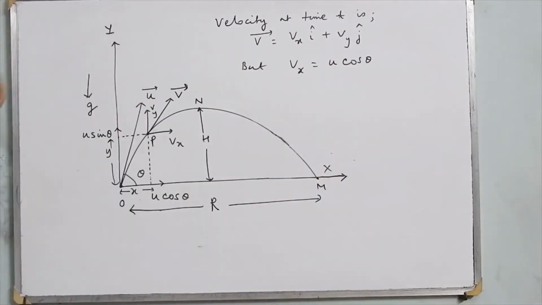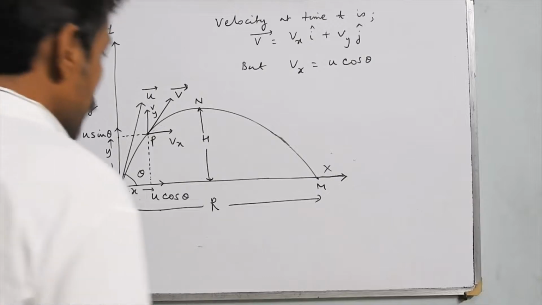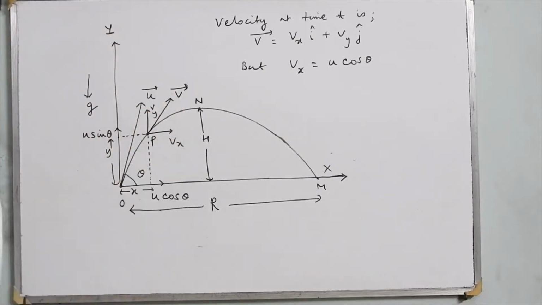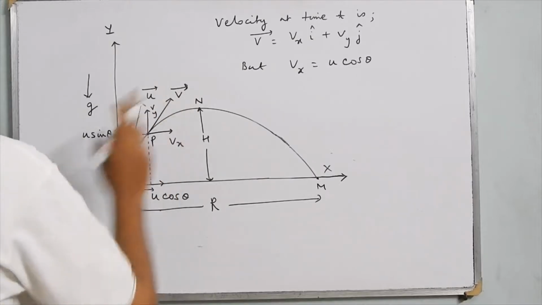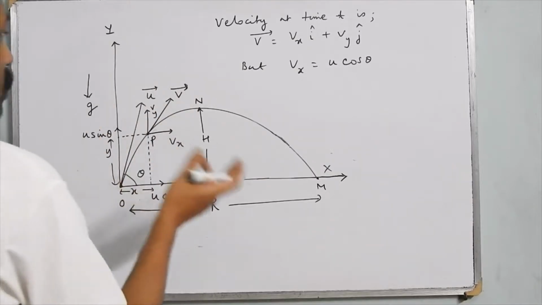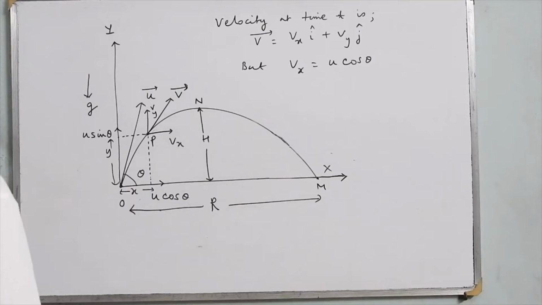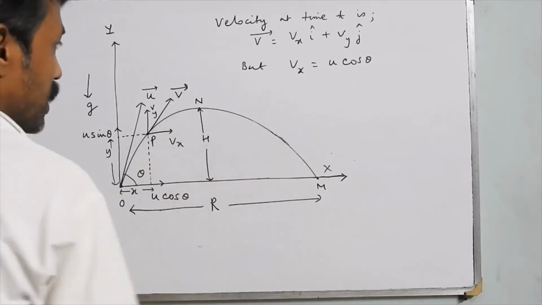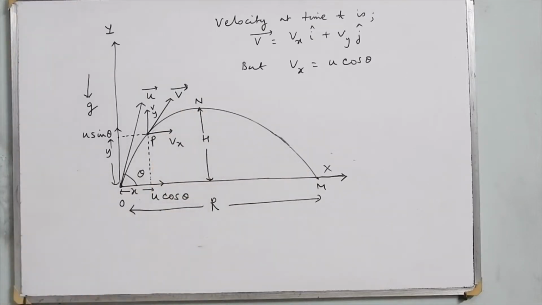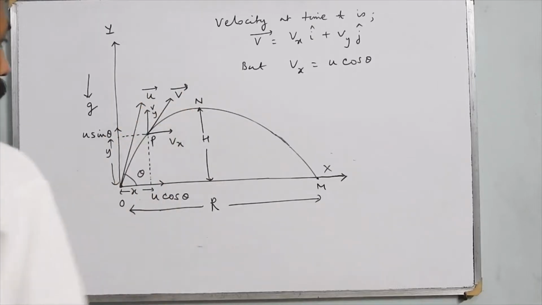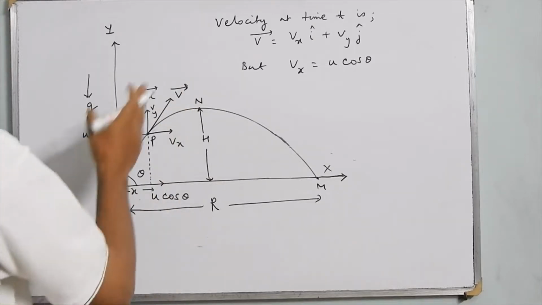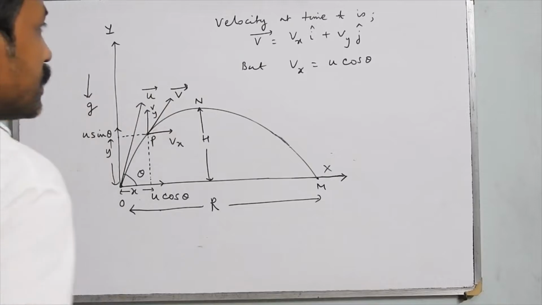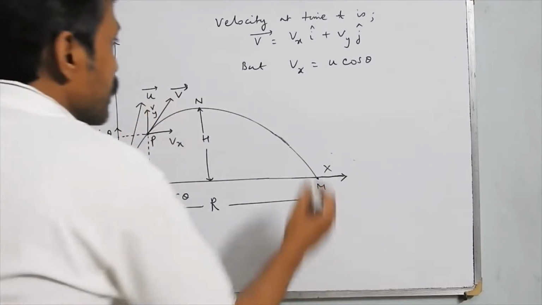Whereas the motion along the vertical is partly retarded and partly accelerated. So as per this diagram, Vy will definitely decrease with time until it reaches the point n. Vy becomes 0, and from there on until it reaches point m, Vy increases. So for the motion up to the point n, Vy is definitely decreasing.